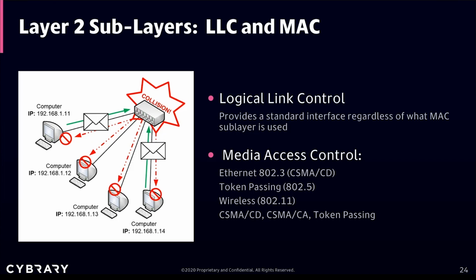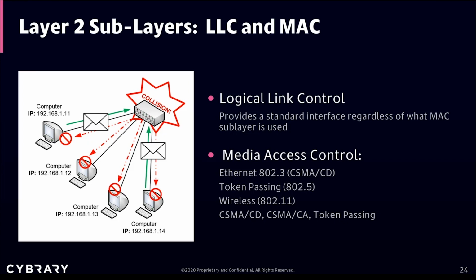There's also another media access method that wireless communication uses, and that's 802.11. 802.11 is CSMA/CA, Carrier Sense Multiple Access with Collision Avoidance. Essentially, what wireless systems do is it still senses whether or not anybody is communicating.